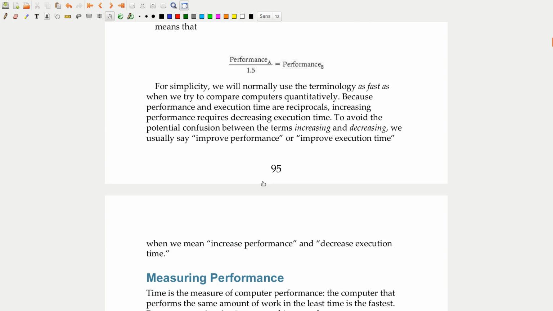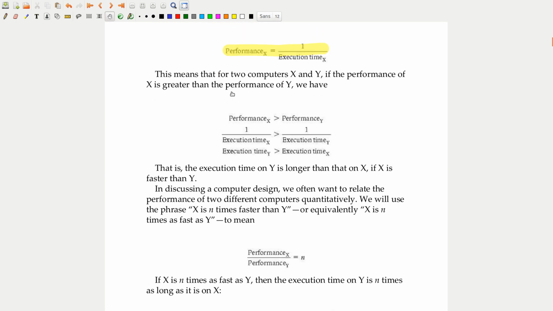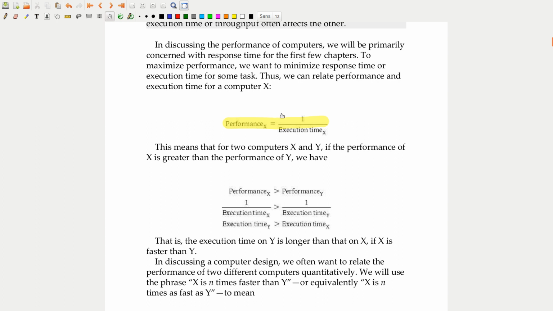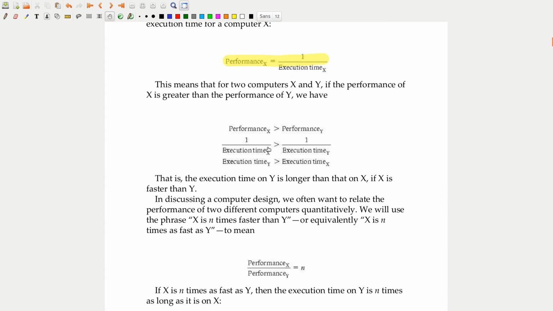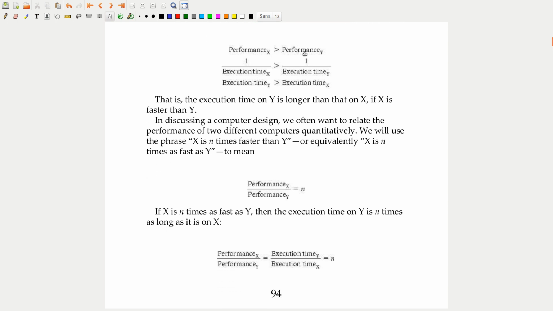So I think we understand most of this pretty well. Basically, we have performance defined as 1 over the execution time. Then we can relate two performances together by substituting in this execution time.